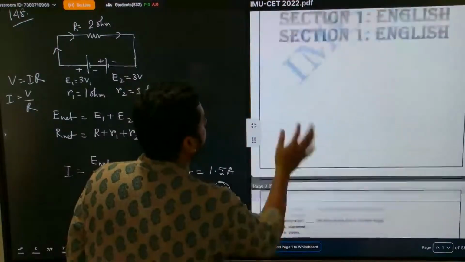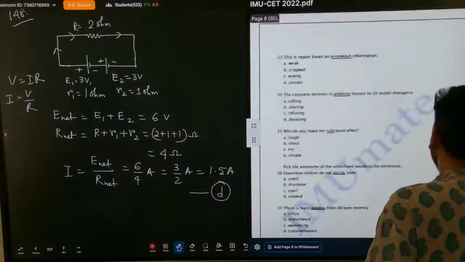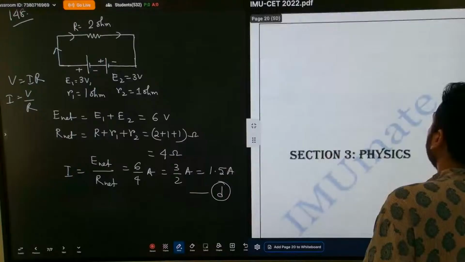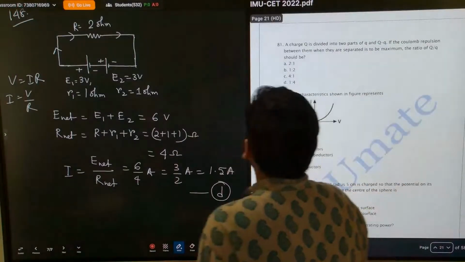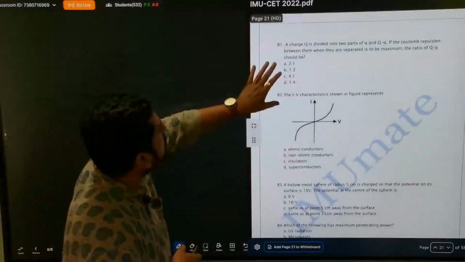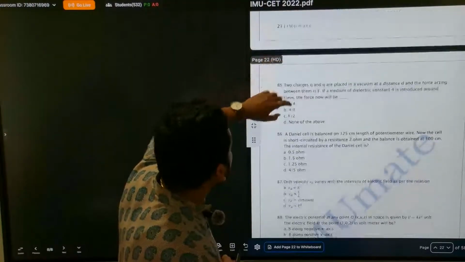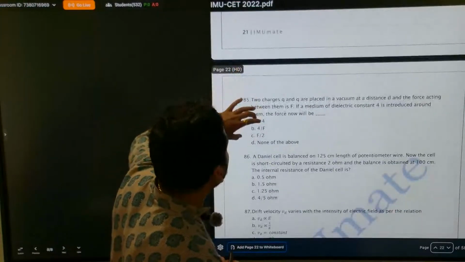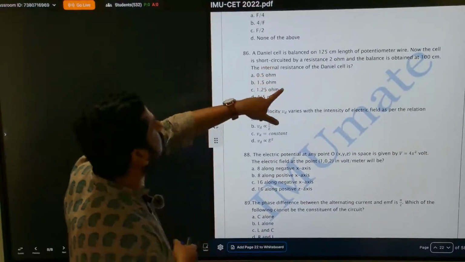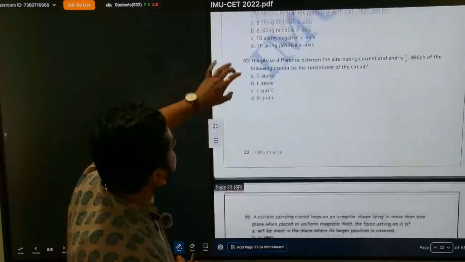Let me check the questions from magnetism. Okay, we did this part, so the potentiometer problem, 100 and 125 centimeter. Okay, the brief velocity part we did.